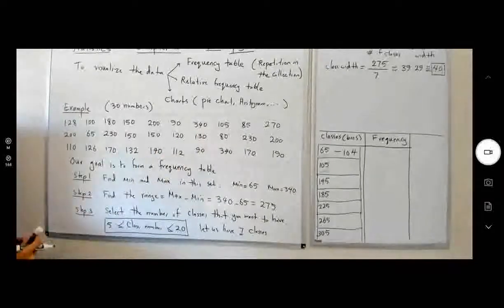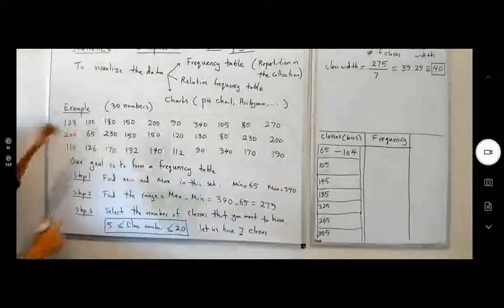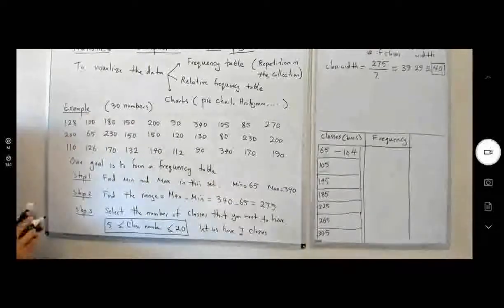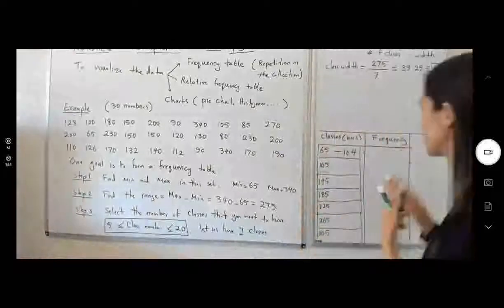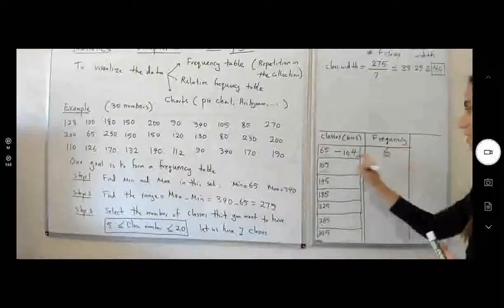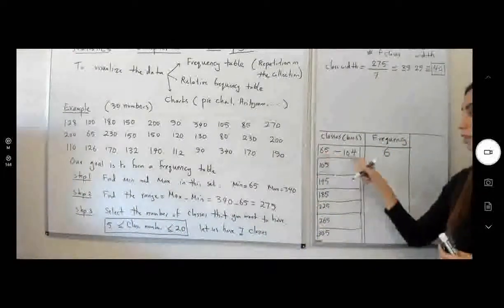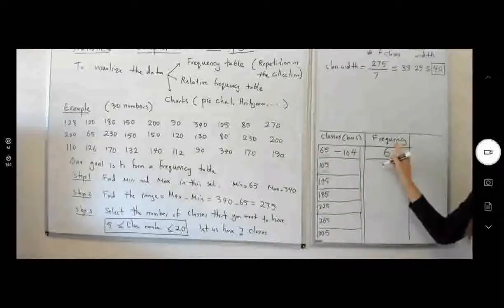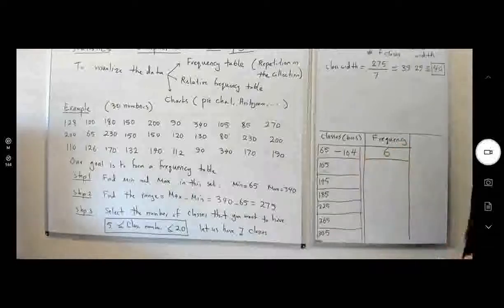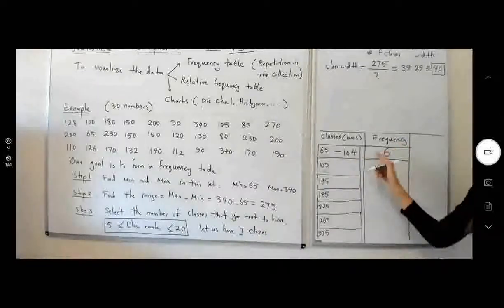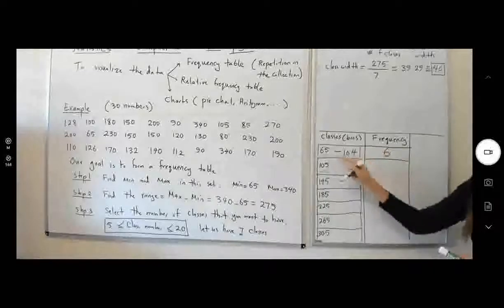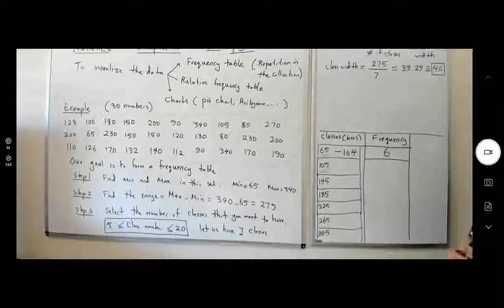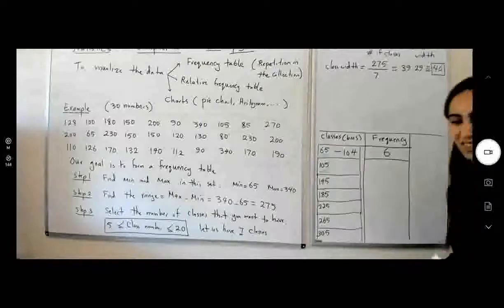What else? Do I have anything else? For the whole thing, okay, I have 100. So I have 6 numbers between 65 and 104. So the frequency of the first class is 6. There are 6 data values between 65 and 104 inclusive.